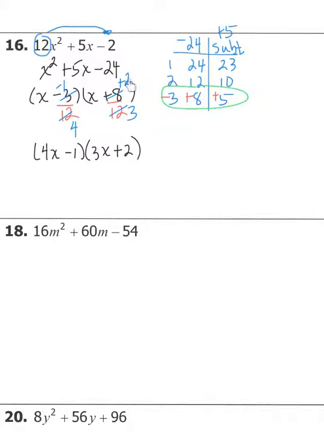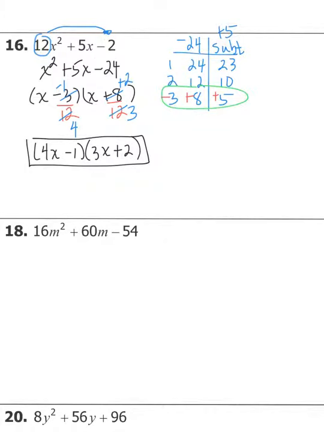So remember the 2 came from here, the minus 1 came from here, and then the 4 and the 3 popped up in front. And so then this ends up being your final factoring. And you can check it by looking at 4x times 3x is 12x squared, and now that matches. Negative 1 times positive 2 is negative 2.